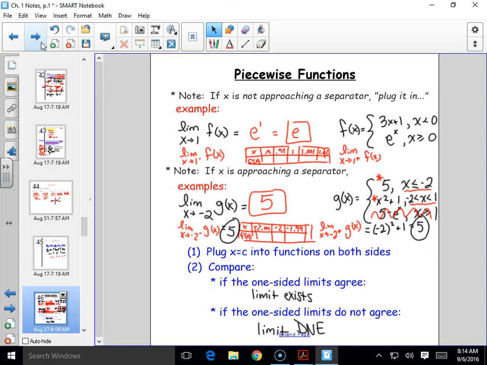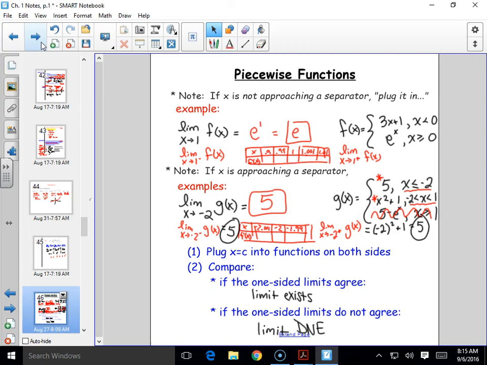You guys can't tell by looking at the page? Separator is key. If x is not approaching a separator, no big deal. Just plug it into the right spot. This one, x was approaching 1. How did I know to plug it into the first one? Because 1 is greater than or equal to 0. So I established the piece that was proper, and I plugged it in, and I was done.